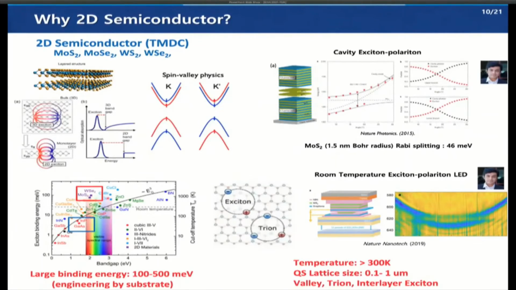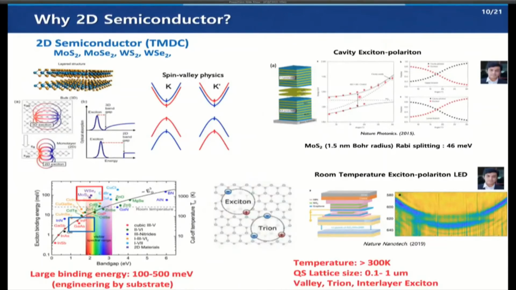Then in 2015, the Menon group put molybdenum disulfide on a DBR cavity and first observed that the exciton polariton mode is possible, with a Rabi splitting of around 46 millielectronvolts.